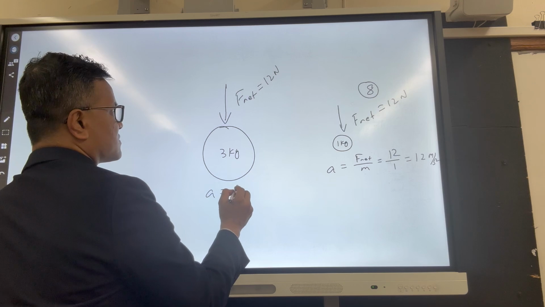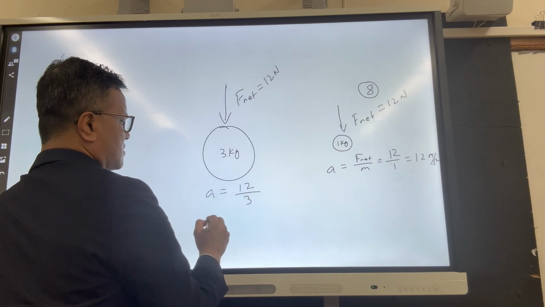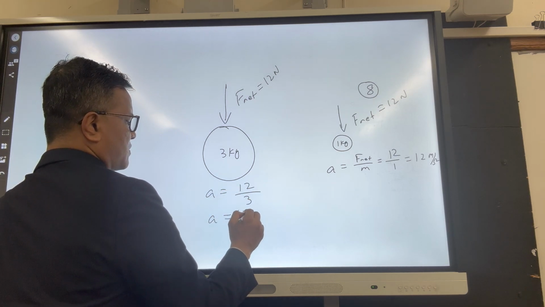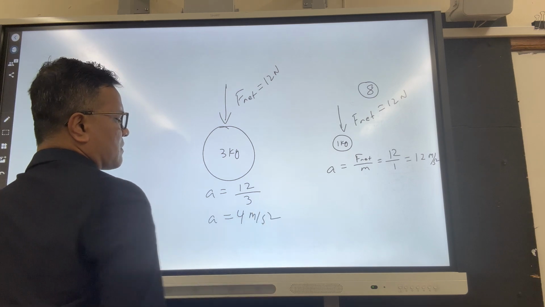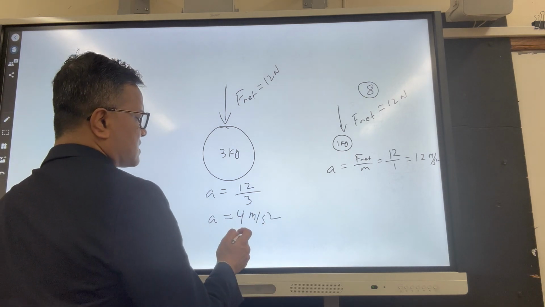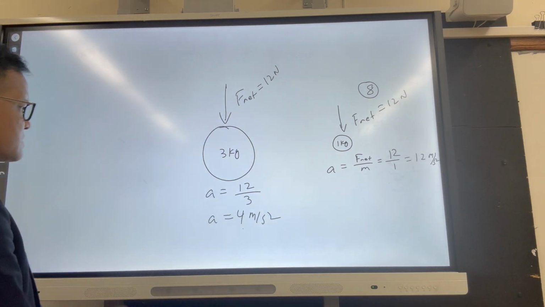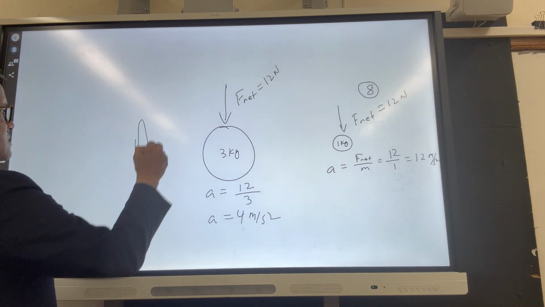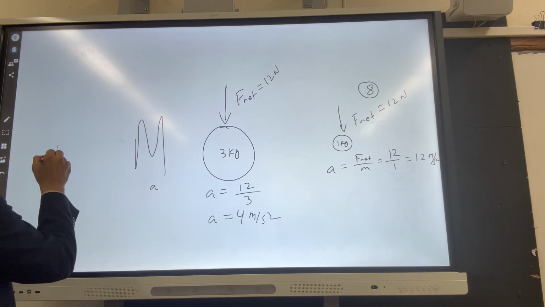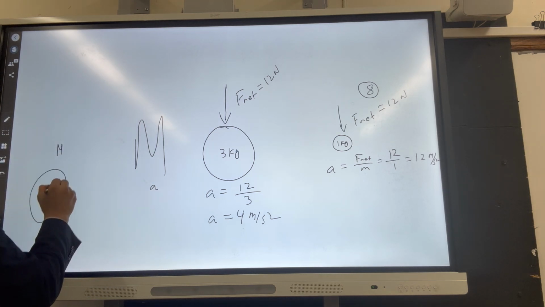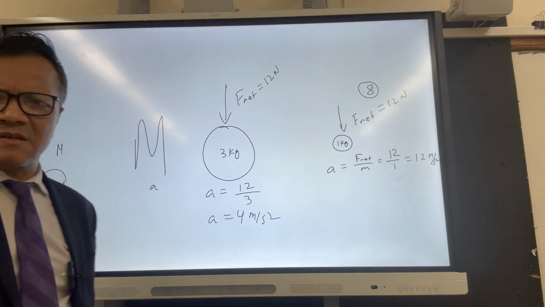For the other, acceleration is F net, 12, over 3, which is 4 meter per second square. This is 3 times less than that one. So big mass, small acceleration; small mass, big acceleration. That is Newton's second law.